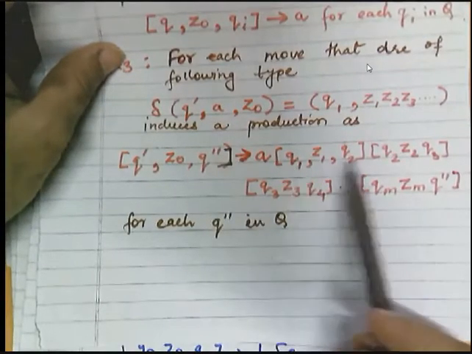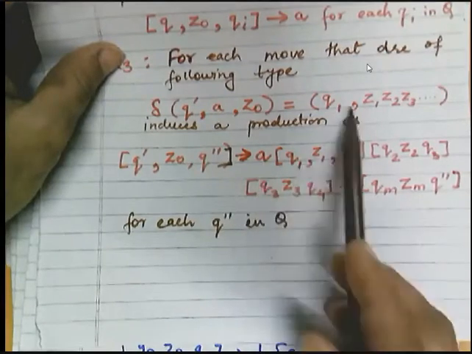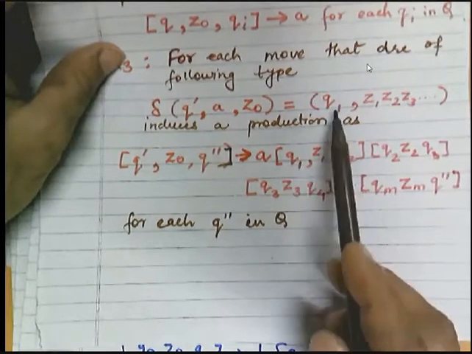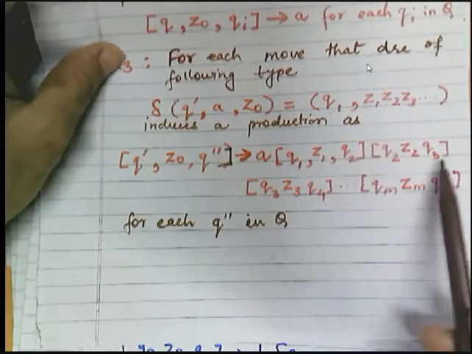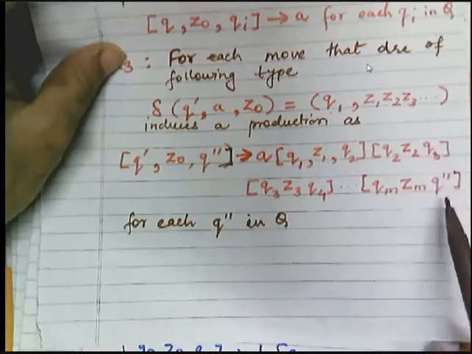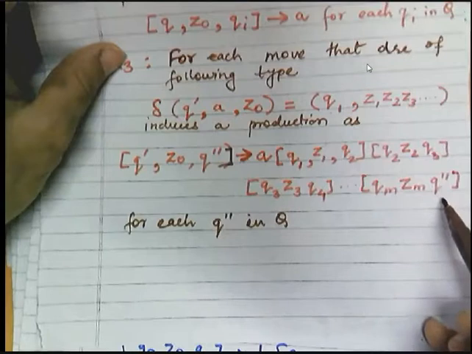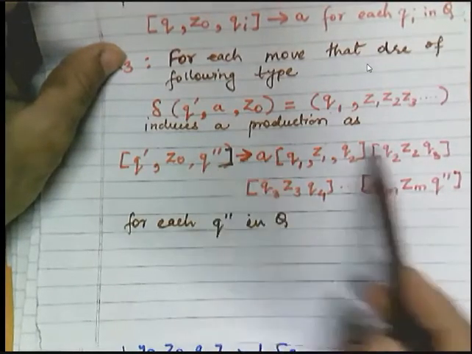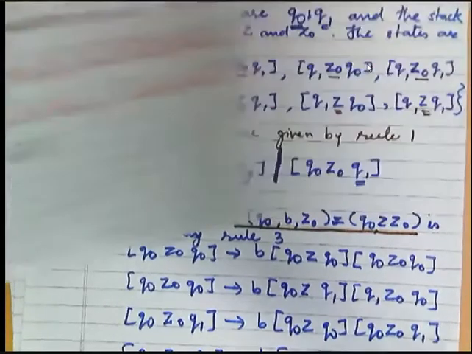Later, we want this A to be written first and then this state. Starting from here, we take the combination Q1, Z1, Q2, and then all the states in this type of continuation, where the last state must be this state. Now we follow the same rule and generate this.